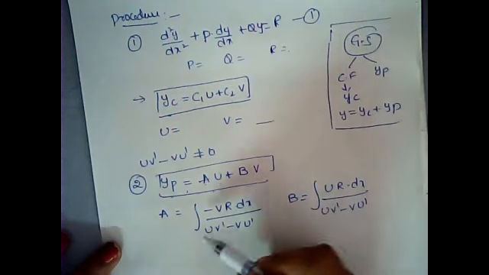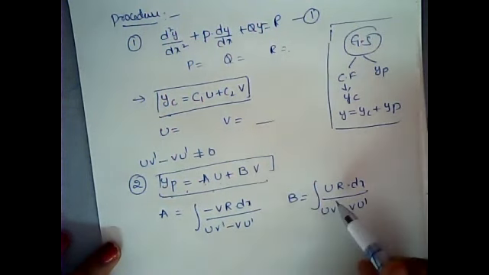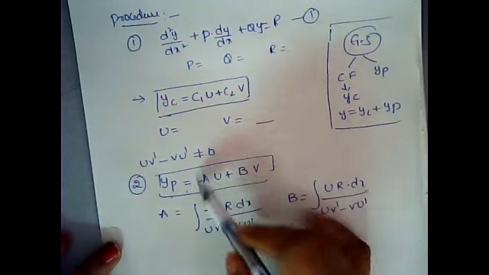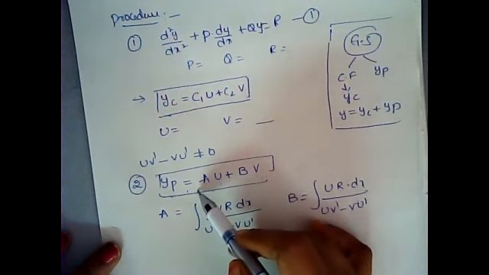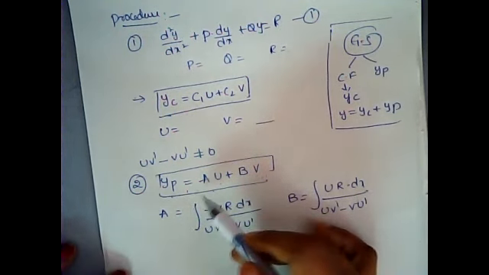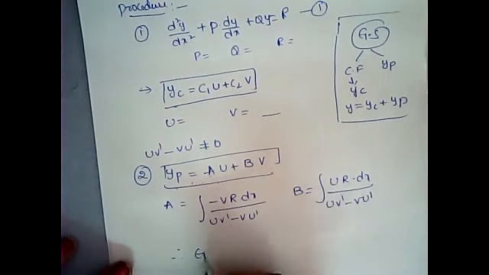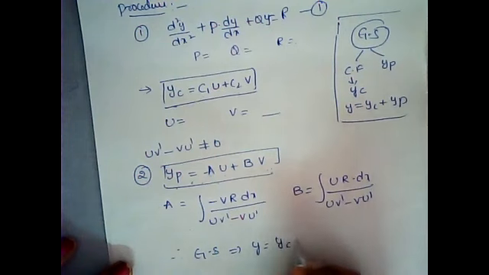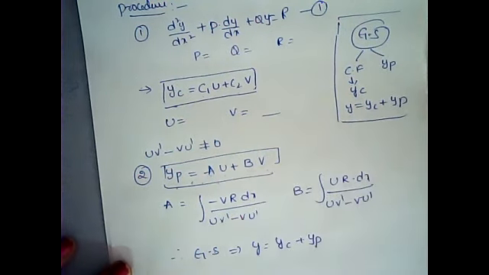By taking these formulas, we will find out what is a and what is b here. After finding out a and b, we will substitute in this yp here. Then we will get the required yp. Therefore, the general solution will be taken in the form of y is equal to yc plus yp.